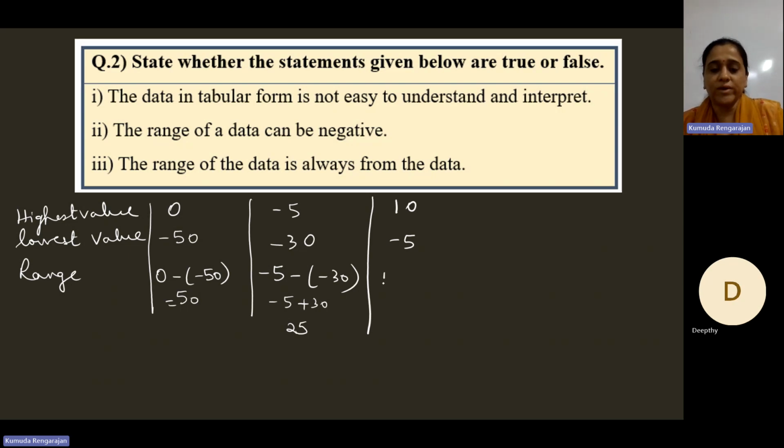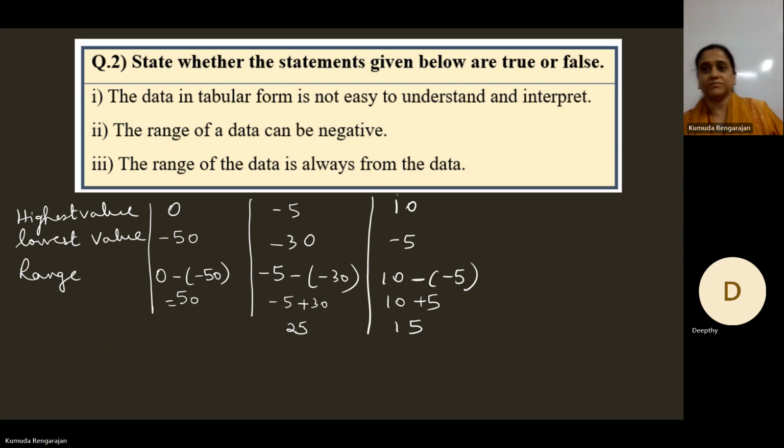So range is highest value minus the lowest value, minus the lowest value. So it's 10 plus 5, 15. Then the range of the data is always from the data.